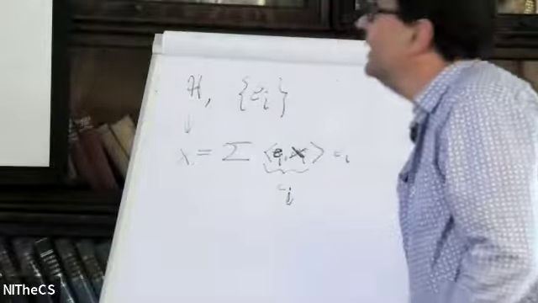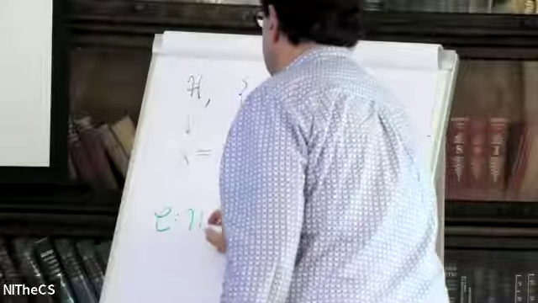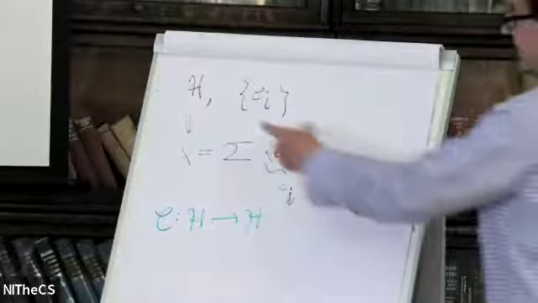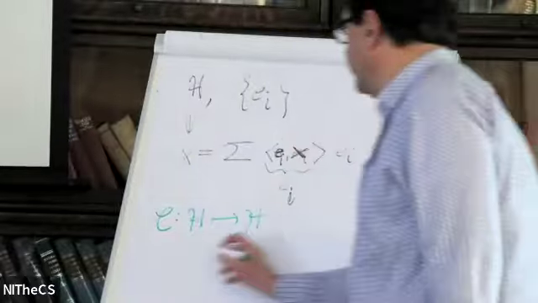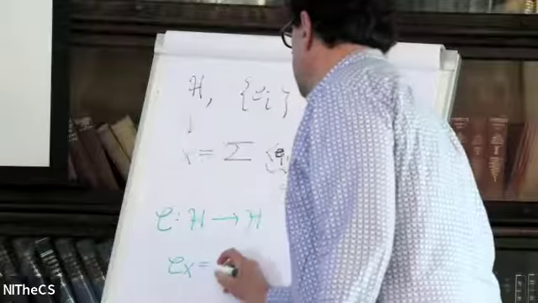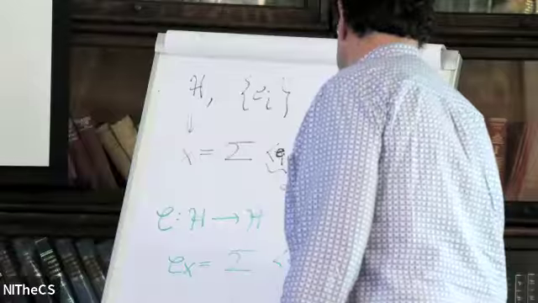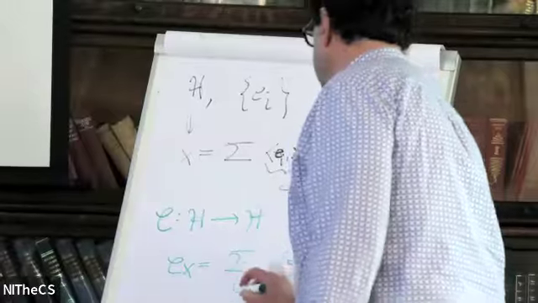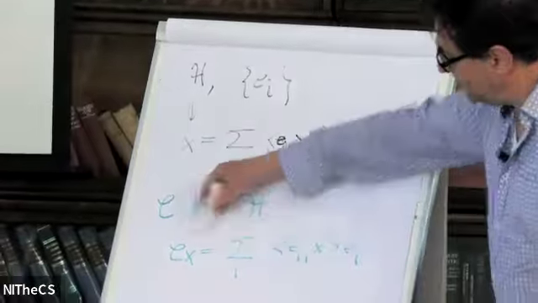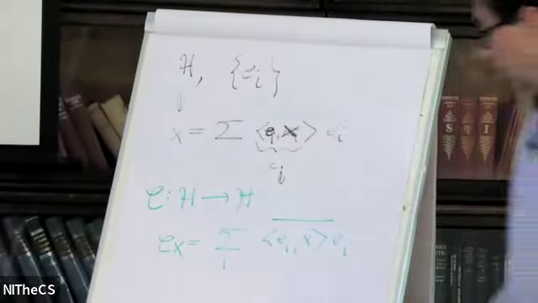And now what I'm saying is that I want to look at the map C, which goes from H to H, but which is not linear. Once the basis is given, I want C to act as follows. Cx should be a new vector, which has components the complex conjugate of the inner product of e_i with x. Without the conjugation this would be the identity, right? But the action of C is to take complex conjugation of the components.